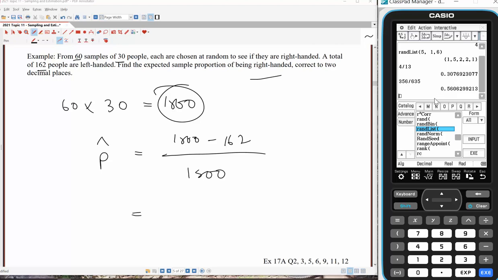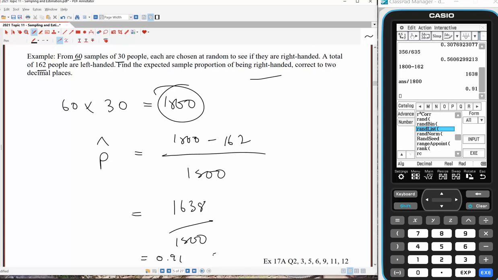So that's 1,638 over 1,800, which is 0.91. As a fraction, it would be 91 on 100.